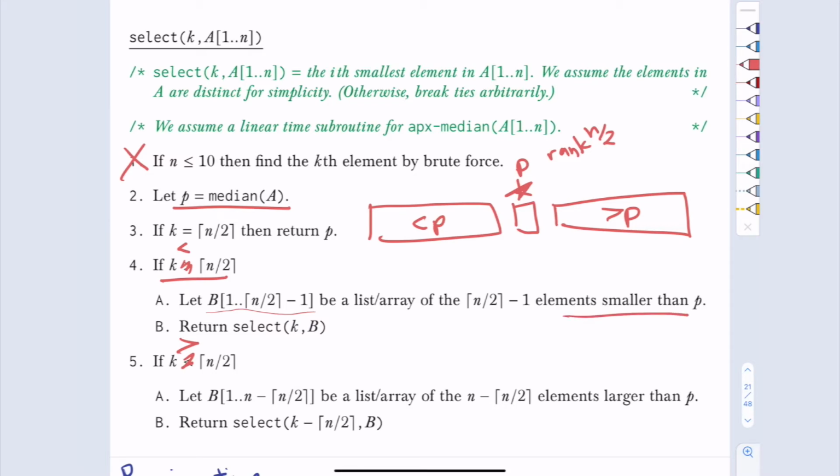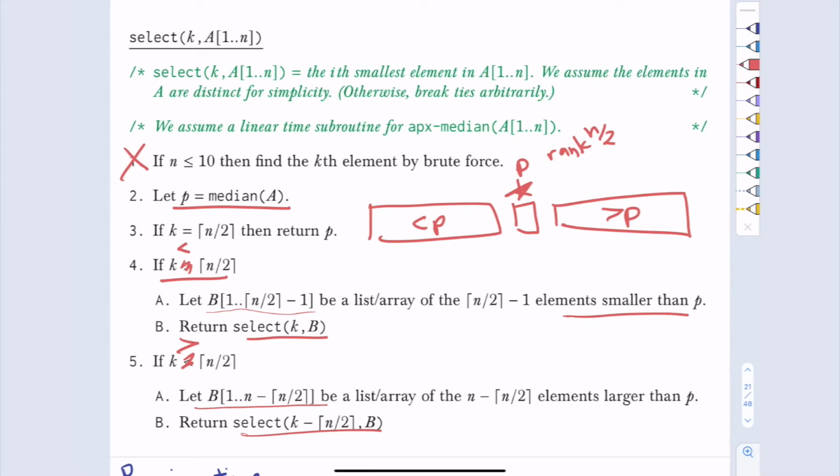I'm not sorting them, I'm just filling out a new array in whatever order. And then I'm going to recurse on that side. Otherwise, if I'm looking for something bigger than the median, then let me build the array of everything that's bigger, and then recurse.